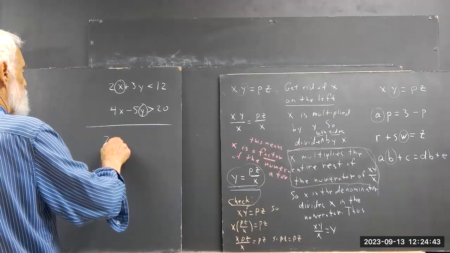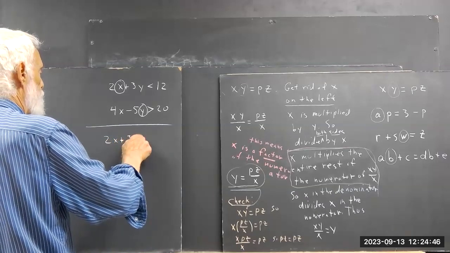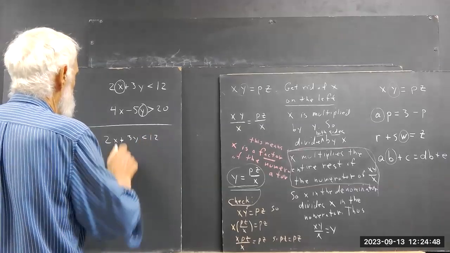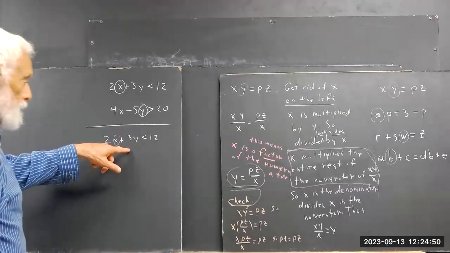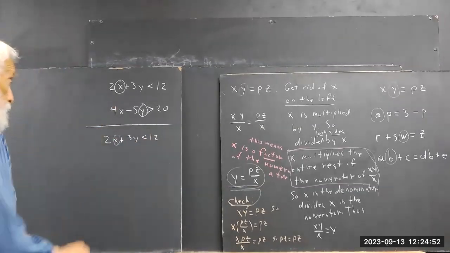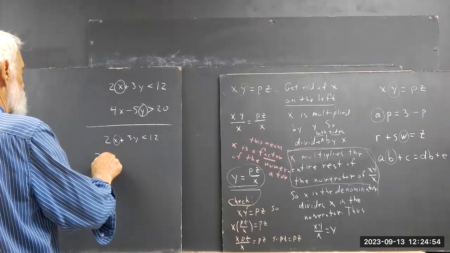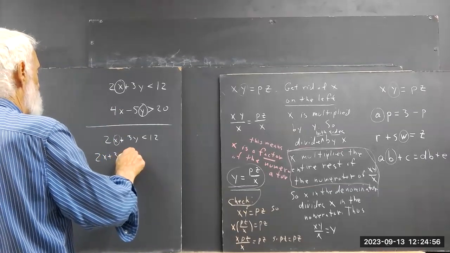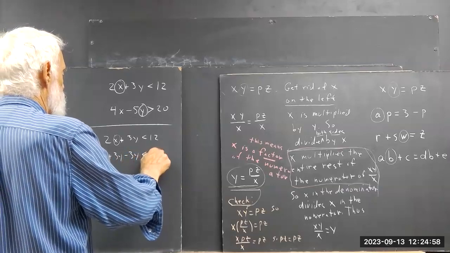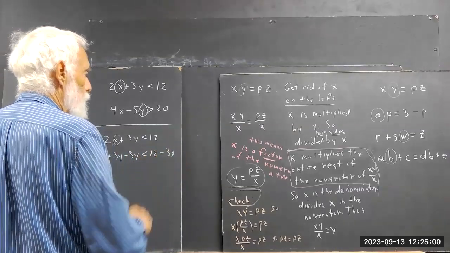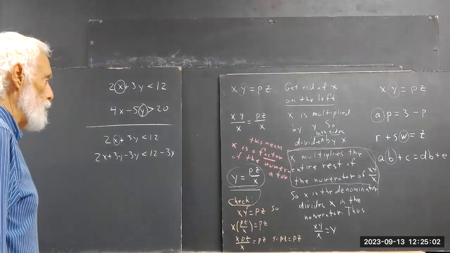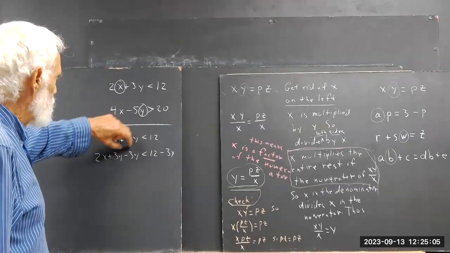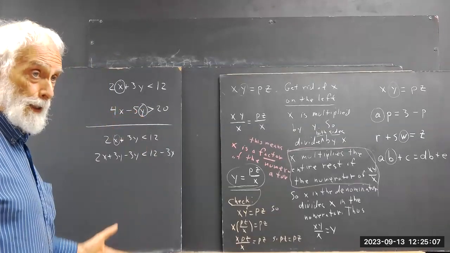We've got 2x plus 3y less than 12. We want to solve for x. We don't want that 3y, it's added, so we can get rid of it. We do 2x plus 3y minus 3y less than 12 minus 3y. You'll notice that I'm not doing this thing about doing a minus 3y equals minus 3y and adding it.